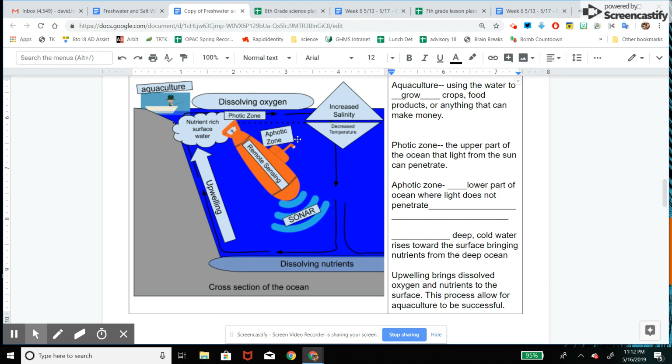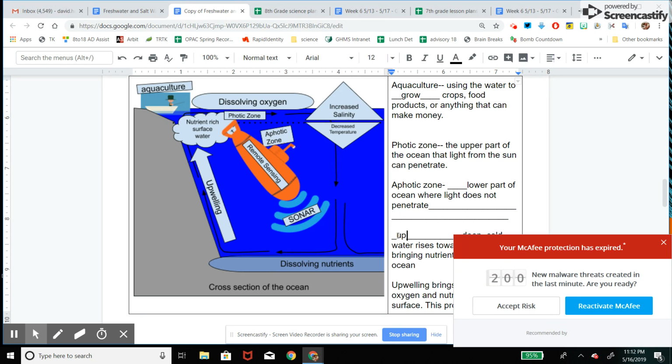The process which is necessary for the health of the ocean and necessary for aquaculture: upwelling is when deep cold water rises to the surface, bringing nutrients from the deep ocean. This is upwelling.